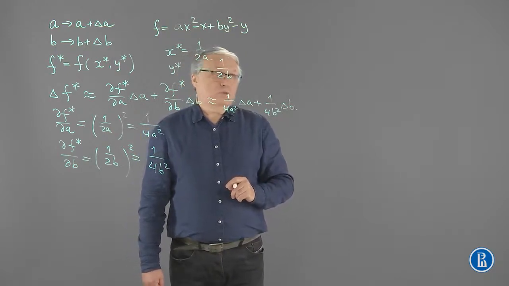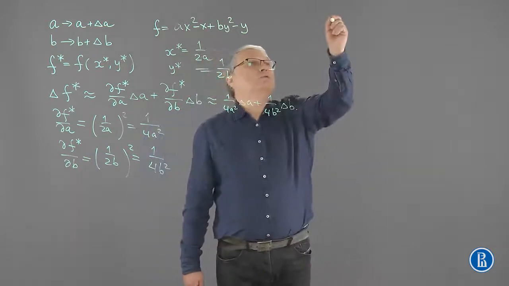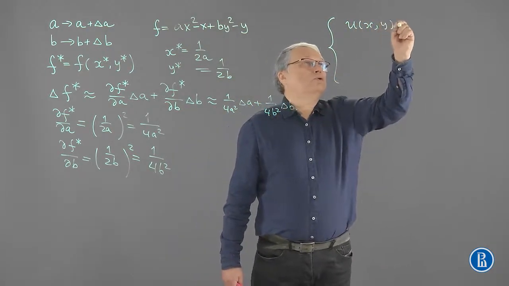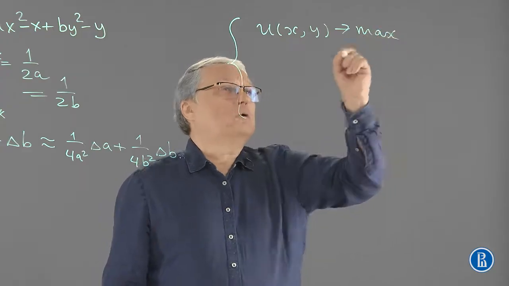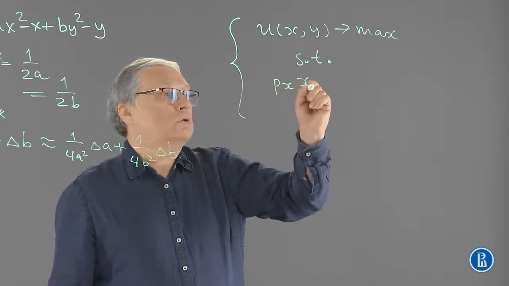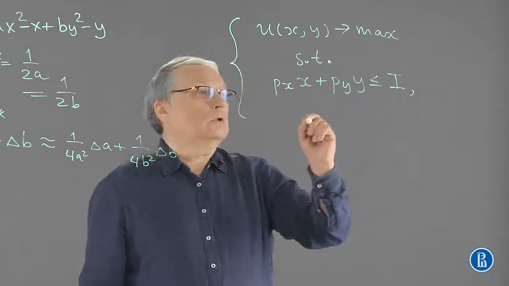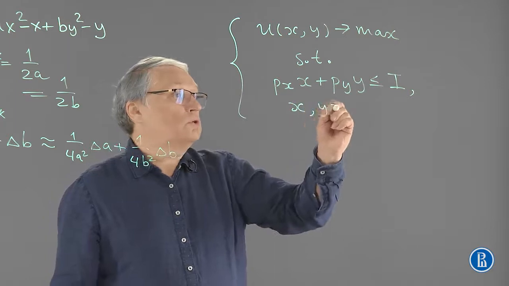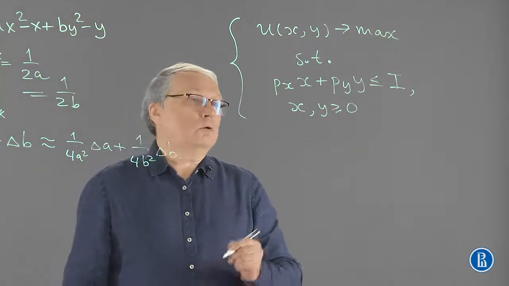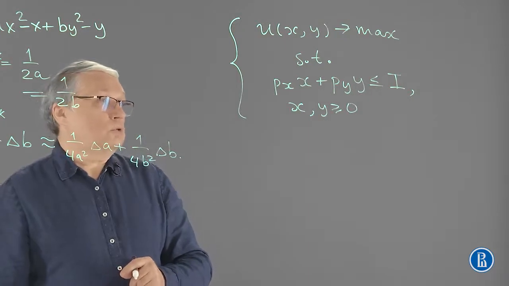Even for the utility maximization problem, the budget constraint should be written as an inequality: utility should be maximized subject to the constraint that the price of x times x plus the price of y times y is no greater than the income, and also non-negativity constraints in almost all problems in micro. We have to account for non-negativity of the economic variables.